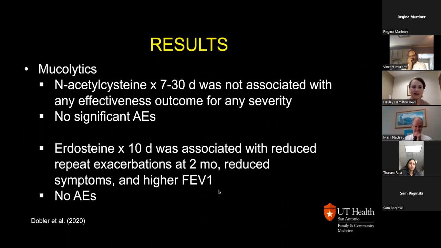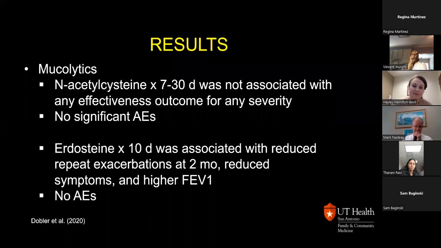And then looking at mucolytics, I hear a lot of patients ask for mucomist, which is NAC and acetylcysteine. In the 4 studies that were examined in this paper, they found that it was not associated with any effectiveness outcome for any severity of COPD exacerbation.